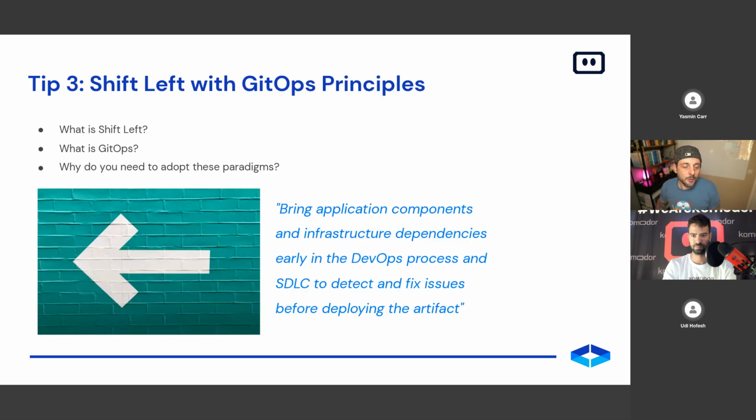Another paradigm I want to mention as tip number 3 is bring more automation into the picture, because we know that in Kubernetes it is really easy to automate because we have this declarative format.